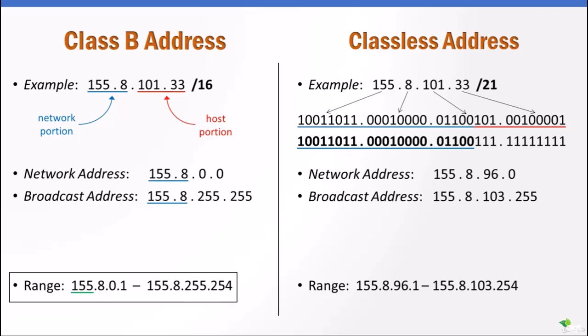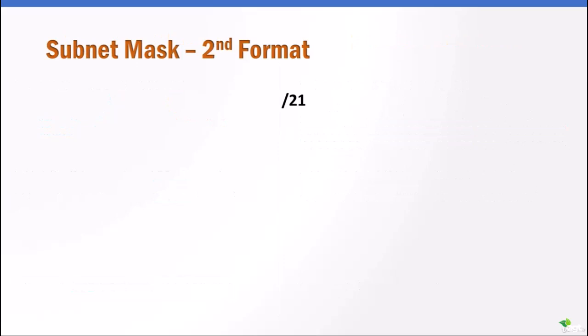We're going to do more examples later, but now we need to cover one more thing. So it's super easy to write a mask like this, but actually when you configure a router or a switch or some servers, you can't really use this format while configuring.